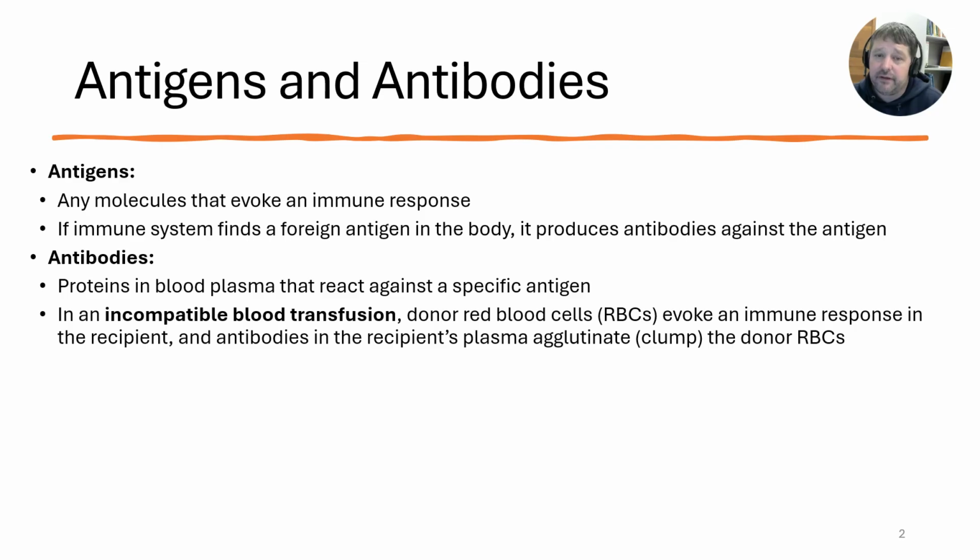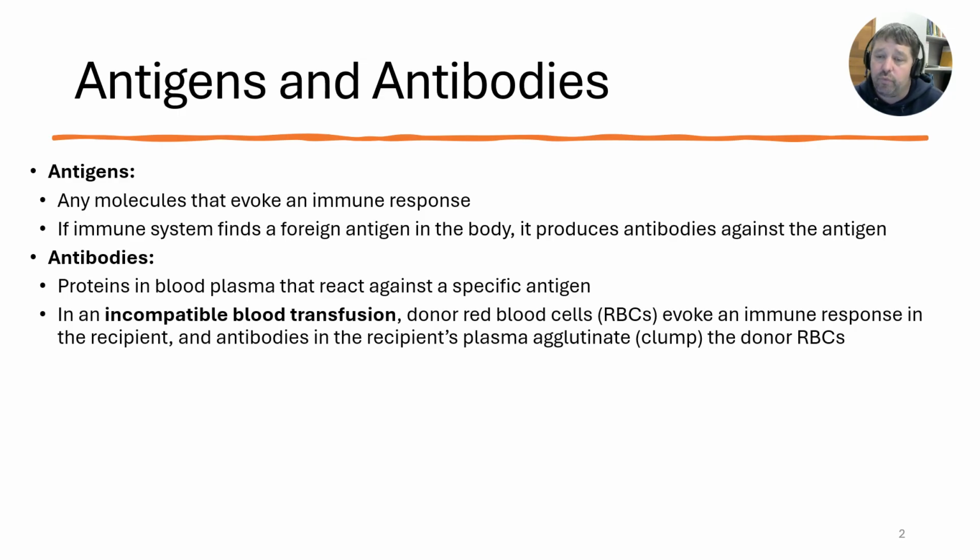Antibodies, on the other hand, are what react to the antigen. They do so by triggering lots of different immune responses. They could trigger agglutination, the combining, they could trigger phagocytosis, and they can trigger the complement system. There are lots of ways these antibodies can react to the antigen.